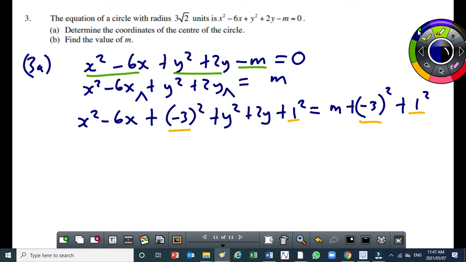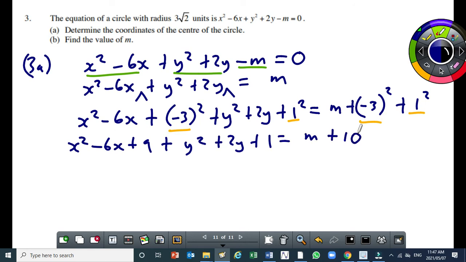Alright? Then, from here now, we create our perfect square trinomial. Will be y squared plus 2y plus 1 equal to minus 3 all squared. It's a 9. 9 plus 1 gives you 10. So this becomes m plus 10. Okay?